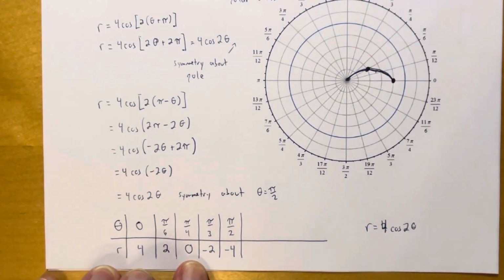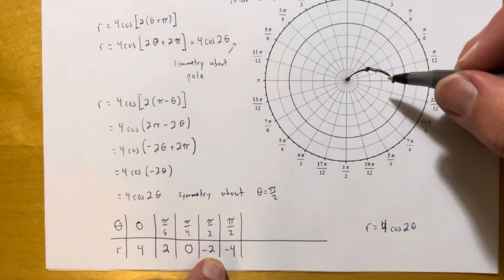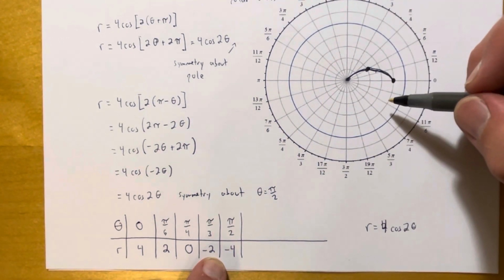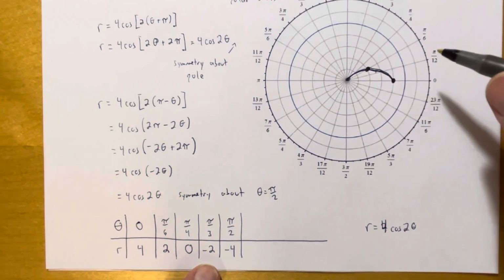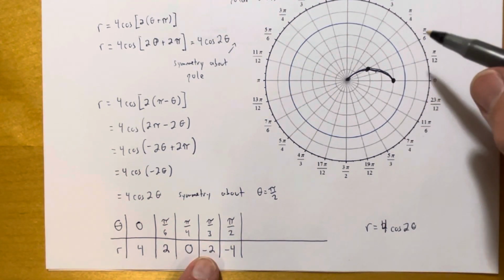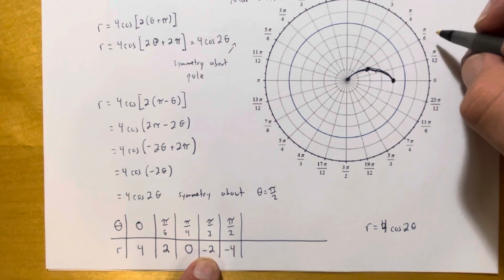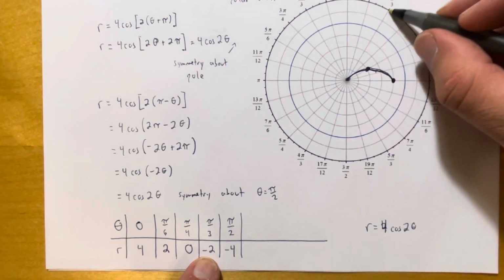Now, I could actually probably skip the rest of the work, but no, actually, I can't skip it yet. I still do have some more to do. Pi over 3. Where is pi over 3? Pi over 3 is right here, right? So if I plug pi over 3 in, I get a negative 2.